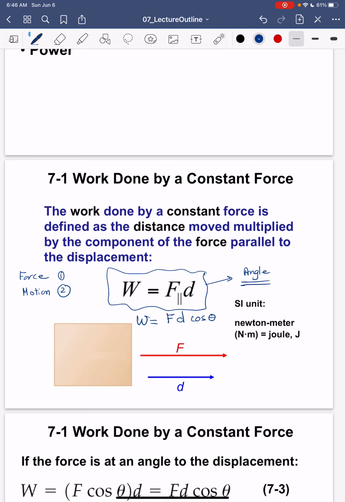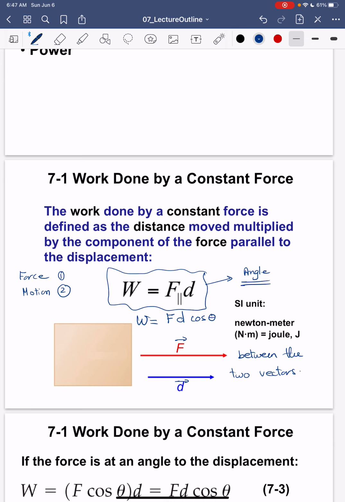And I want to bring to your attention that this theta has nothing to do with the positive x-axis and our definition of the angle when we were adding by components. This theta here is between the two vectors.